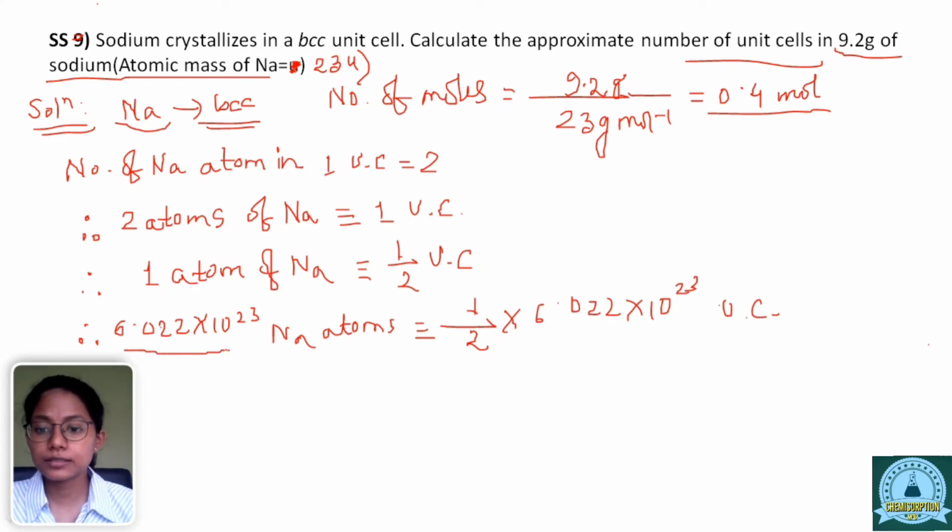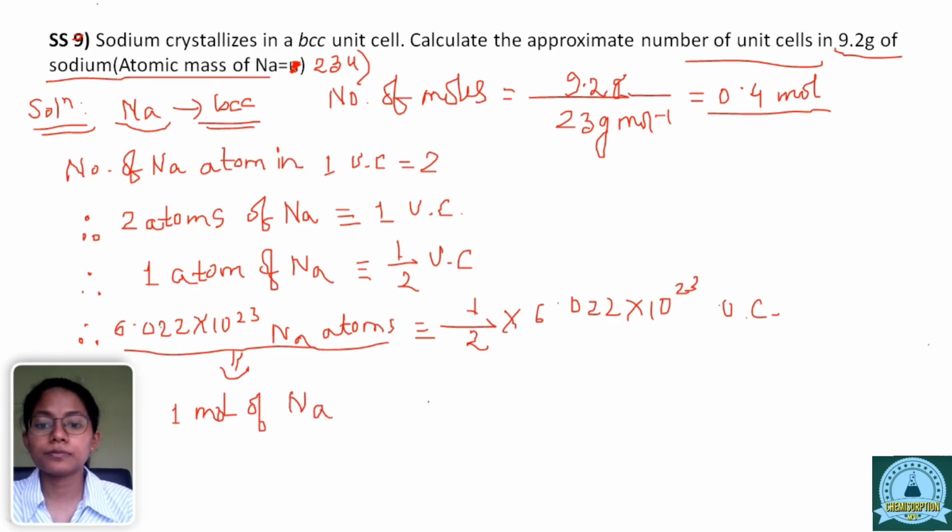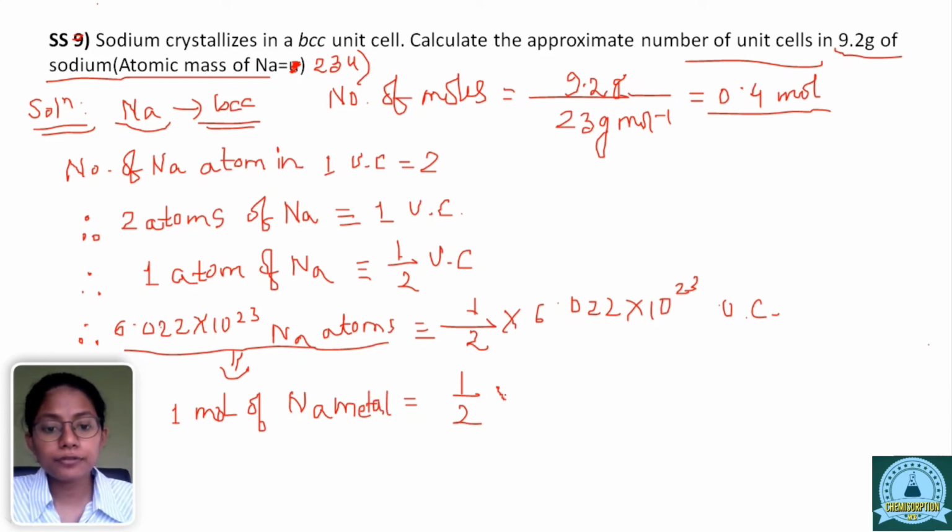Now this means 6.022 into 10 to the power 23 atoms are found in 1 mole of sodium metal. So 1 mole of sodium metal is equal to half into 6.022 into 10 to the power 23 unit cells, because 1 mole of sodium metal contains 6.022 into 10 to the power 23 sodium atoms.